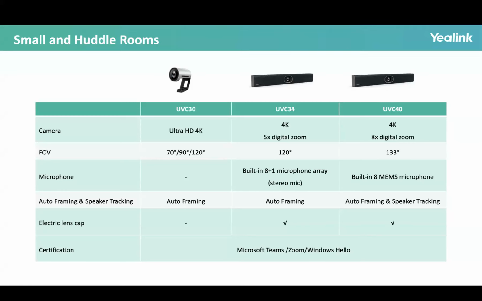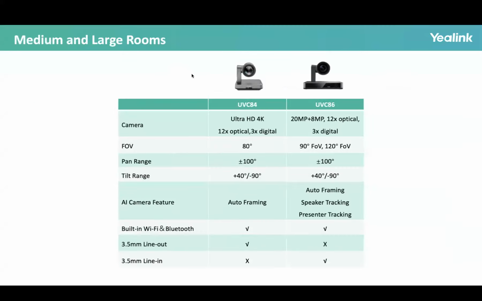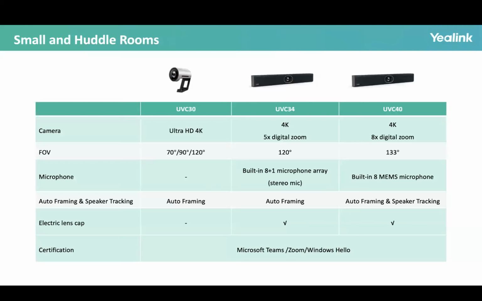If it's going to be less than 5 meters, your UC40 is good enough. If it's going to be more, then you can move to the next camera, which will be the 84, and add extra microphones that will help cover the range. So you always need to get the room measurements correctly and the number of seats. To help you with that, you always have the DVCOM team to guide you.